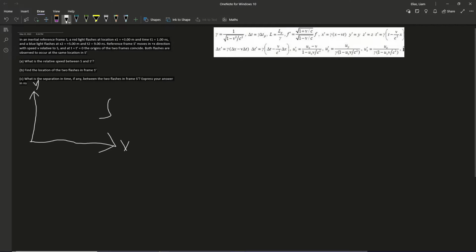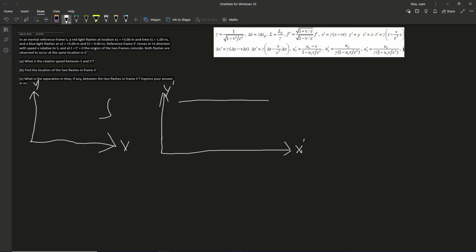And then we'll have another one, which is going to be S prime, with coordinates X prime and Y prime. This frame of reference is moving with some velocity v relative to S. Two events take place, and we have information about their whereabouts and time in frame S. I'm just drawing them in S prime, but these events can be observed from either frame.